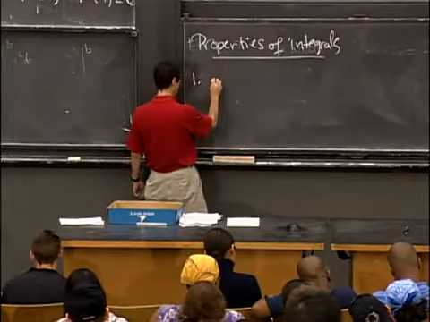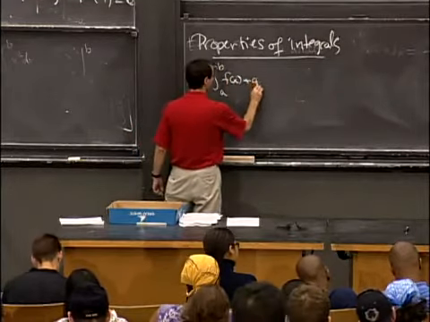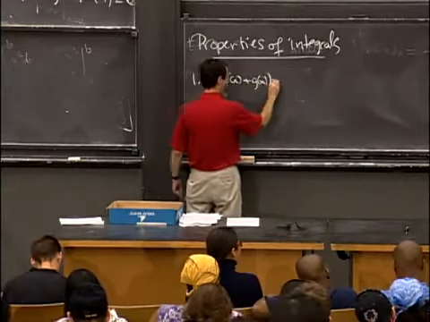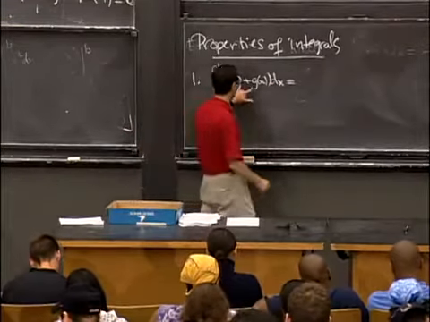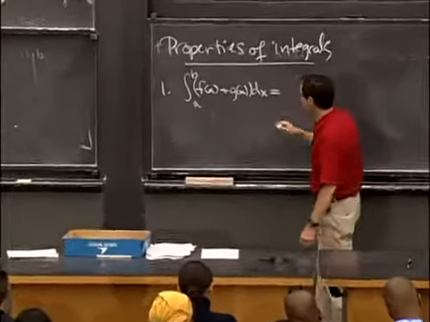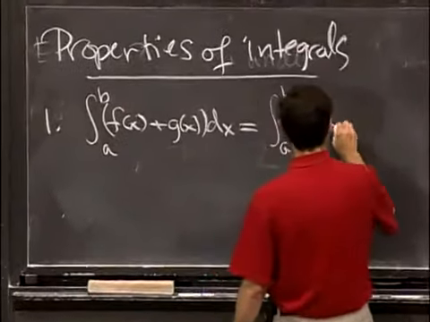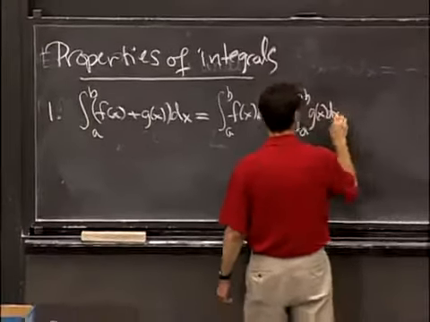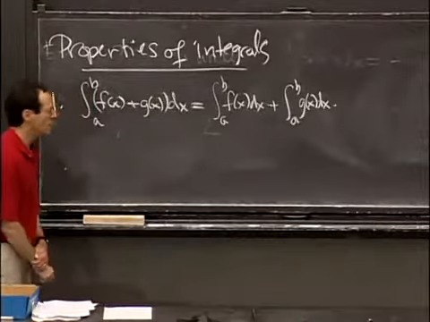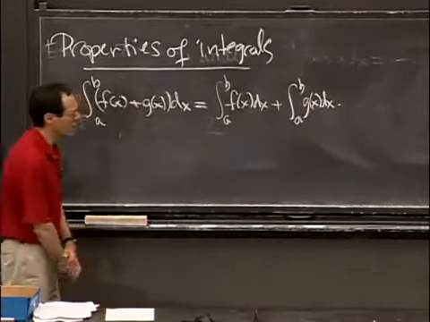The first one doesn't bear too much comment. If you take the integral of a sum, you're just going to get the sum of the separate integrals. I won't say much about that. That's because sums come out, because the integral is a sum.